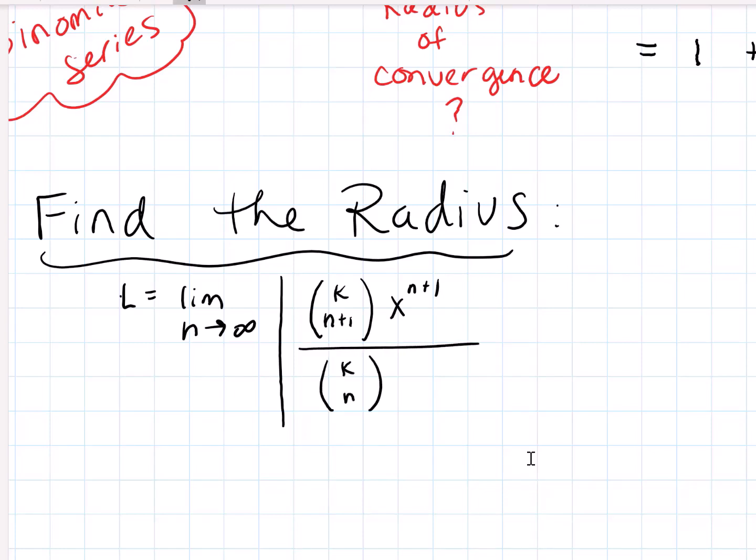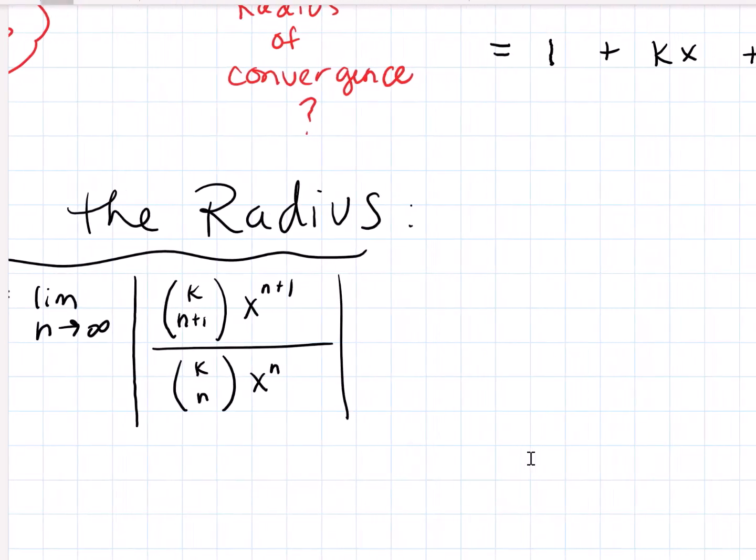Let's see what we get there. When we expand that out, obviously the x is reduced and we have just the absolute value of x. I'm going to put that on the outside. So the absolute value of x times the limit as n approaches infinity.